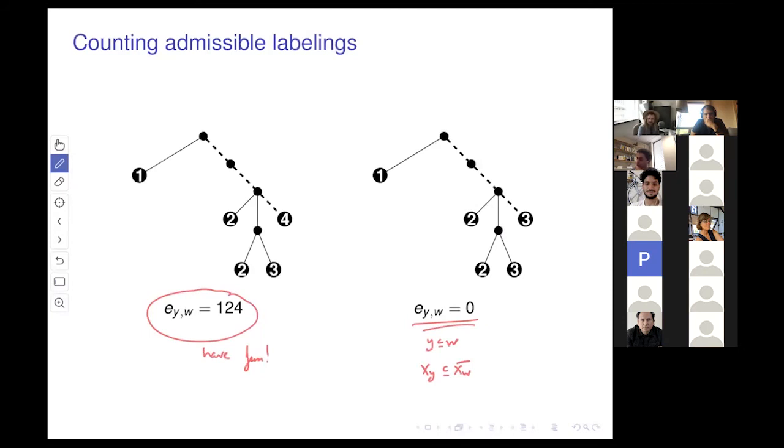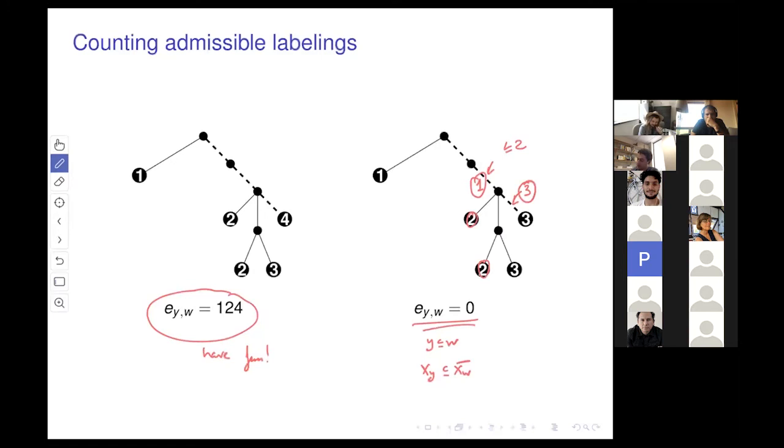And so let's think about how this would work. If you have an admissible labeling over here, then this number should be equal to 3. Every number in here should be smaller than or equal to 2 because of these capacities, and should be congruent to 3 mod 2. So this label is necessarily equal to 1.